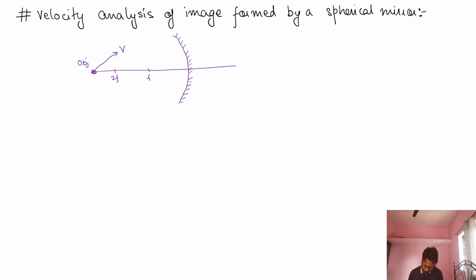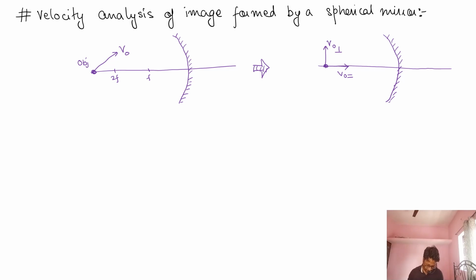So the velocity of the object can be resolved into two categories: velocity of the object perpendicular to the axis and velocity of the object parallel to the axis.